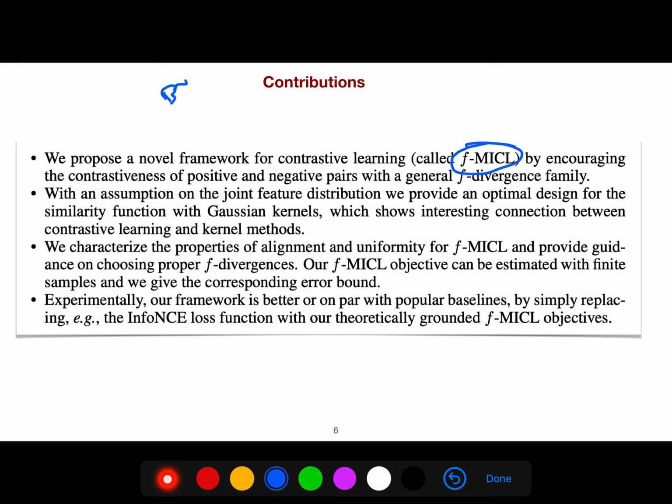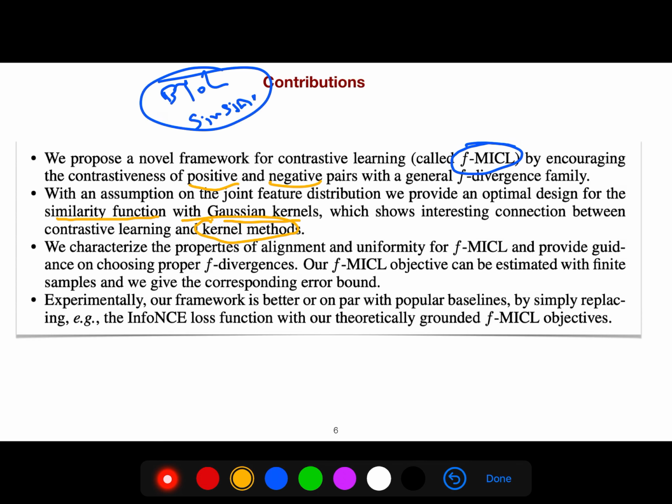So BYOL, SimSiam, and these models just use positive examples, but there are other models that use the more traditional way, which is to use both positive and negative pairs with a general F-divergence family. And then with an assumption on the joint feature distribution, they provide an optimal design for similarity function with Gaussian kernels, which shows the interesting connection between contrastive learning and kernel methods.